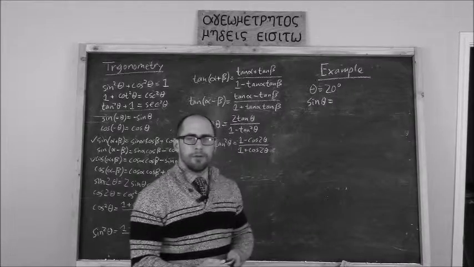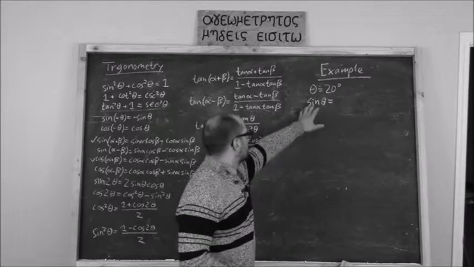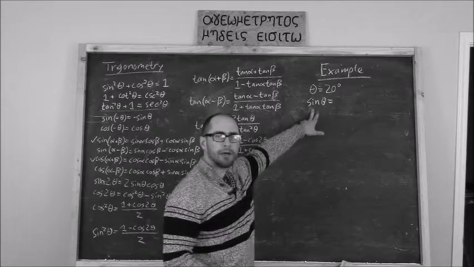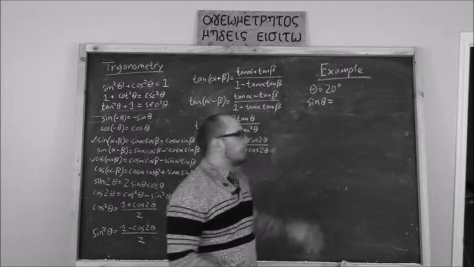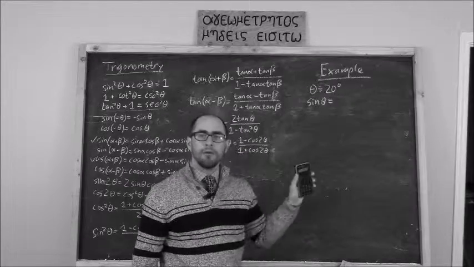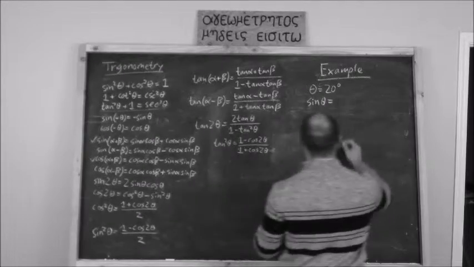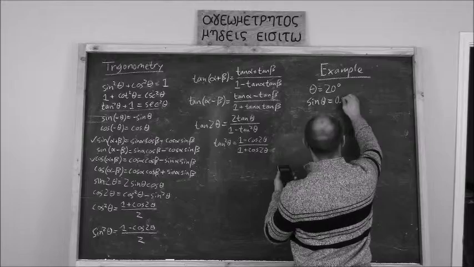In a future video, we will discuss how to obtain exact values for sine and cosine, but those only occur at certain angles. 20 degrees is not one of them.